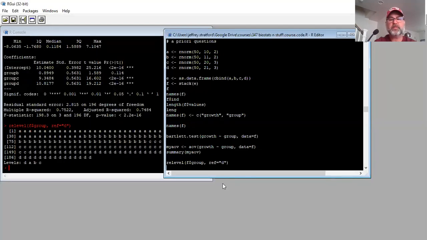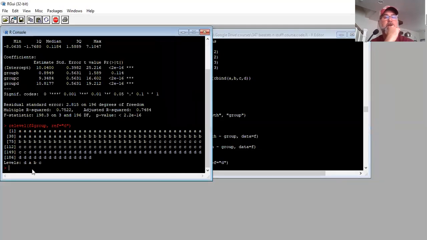Let's hope this works. Let's see. All right, so relevel worked. So you put in what vector you're interested in reorganizing, and then you tell it which group to be your reference.